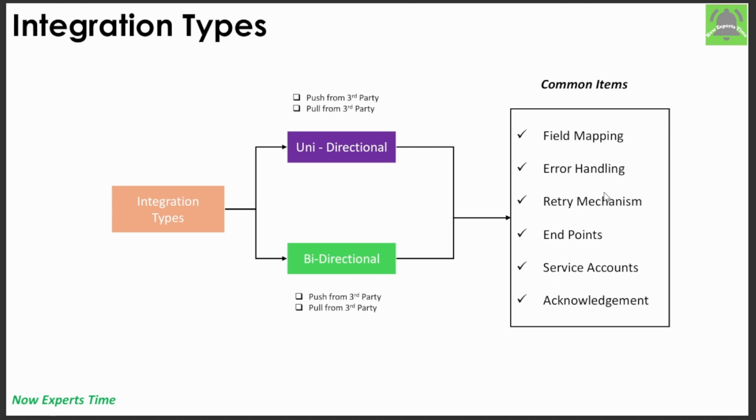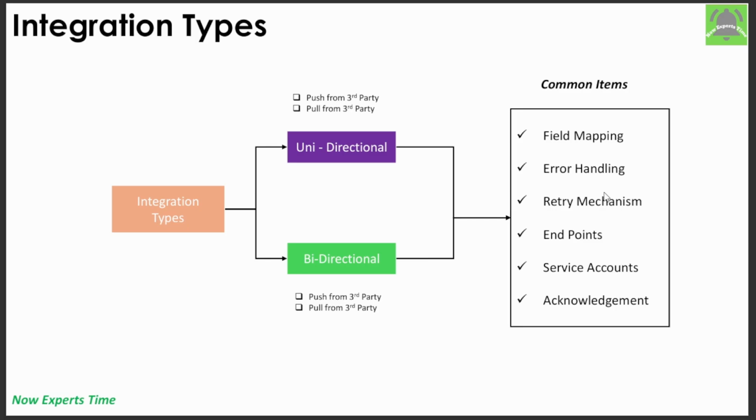How many types are there? Only two types in the integration. Is it unidirectional or bidirectional? This is a common statement or common expectation from the business side. Unidirectional means either ServiceNow should send the data to a third party, or a third party should send the data to ServiceNow.